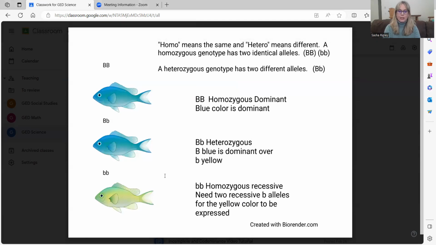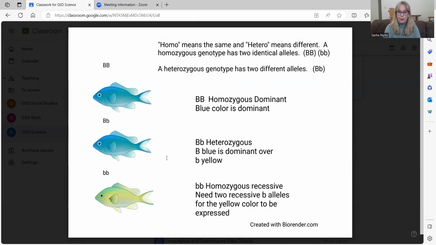Now, this particular example is about complete dominance, or simple dominance, where one allele is dominant over the other allele. So the dominant allele will be expressed over the recessive allele. The homozygous dominant genotype is two uppercase B's, and in this case, my fish is going to be blue because blue is dominant. Then I've got a heterozygous genotype, an uppercase B and a lowercase b.